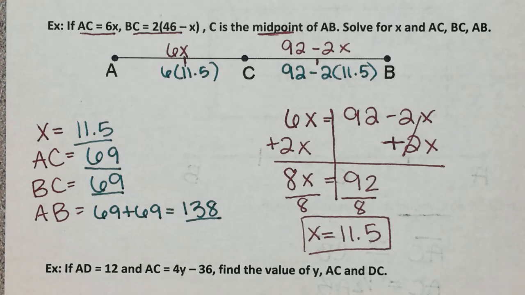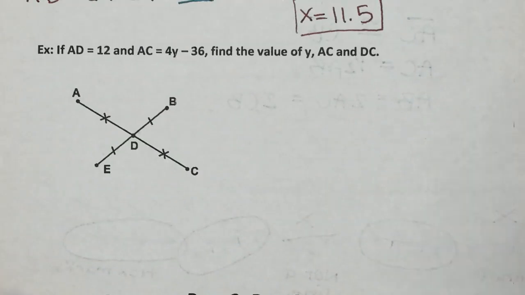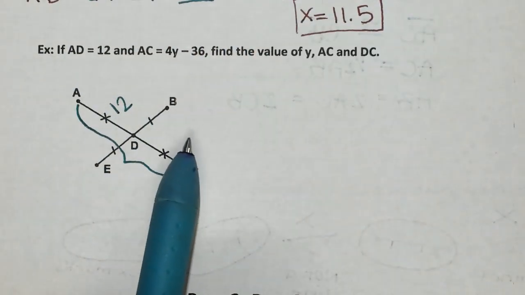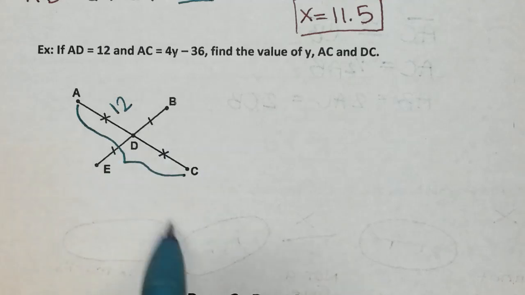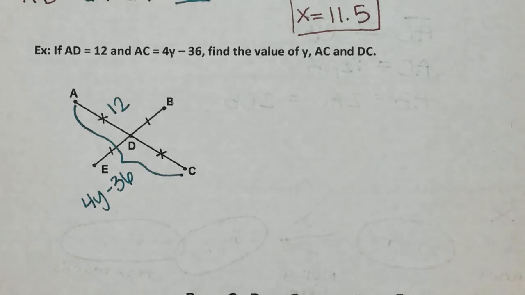Okay. As I was walking around, I saw a lot of people correct themselves on the next one. Be careful. AD is 12. AC, which is the whole thing, I saw a lot of people write this right here. The whole thing is 4y minus 36.